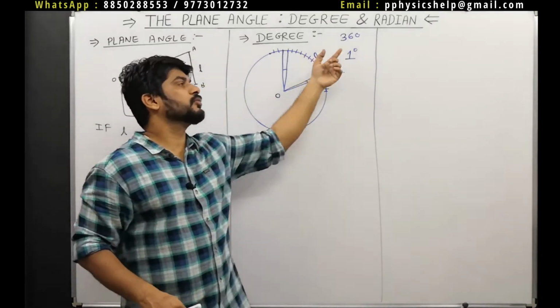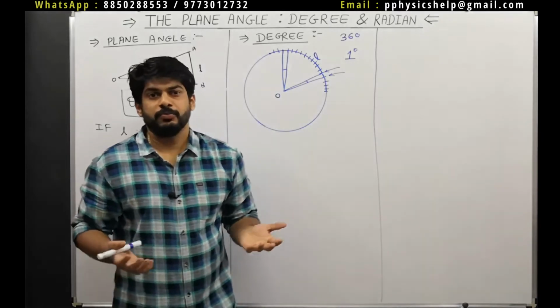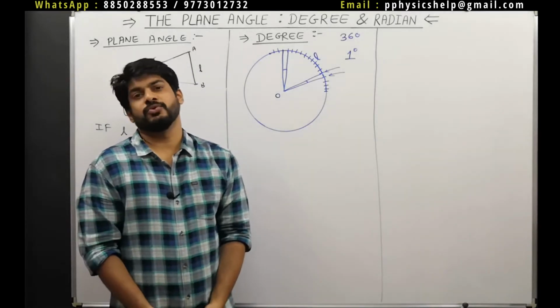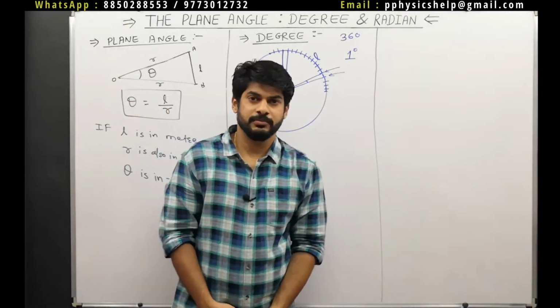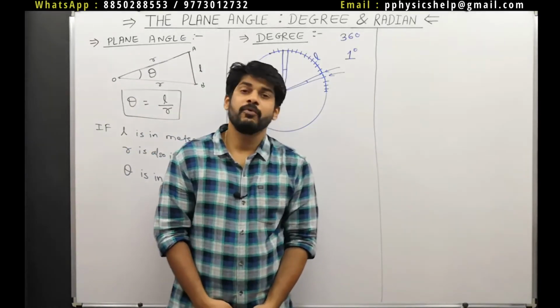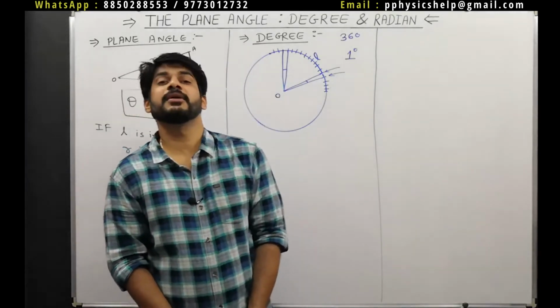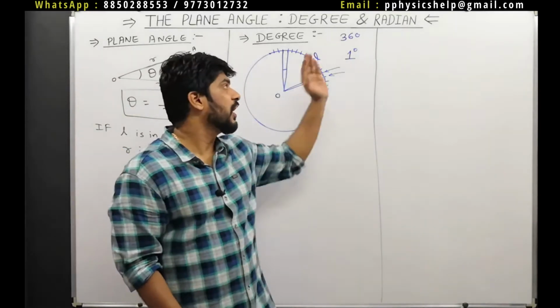You might ask, why exactly 360 parts? Why not 500? Why not 1000? Why not 2000? Why not 10,000? Why not 100? Why not 10? That is a question to all, but basically this is what we have chosen.